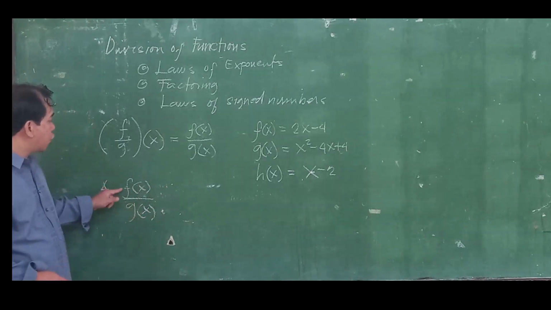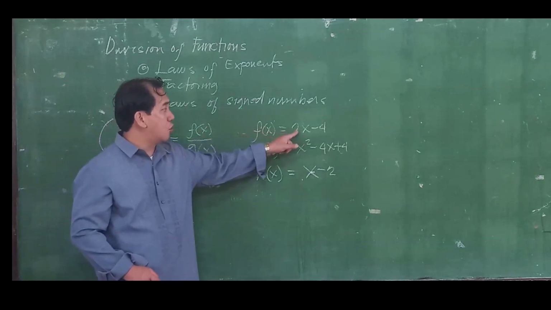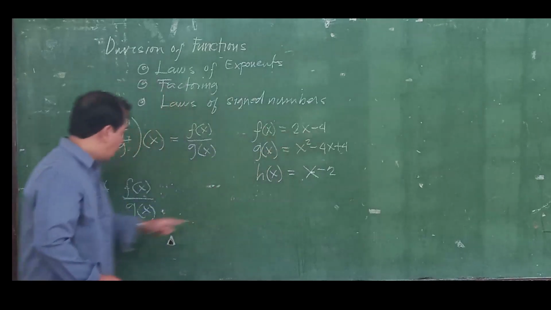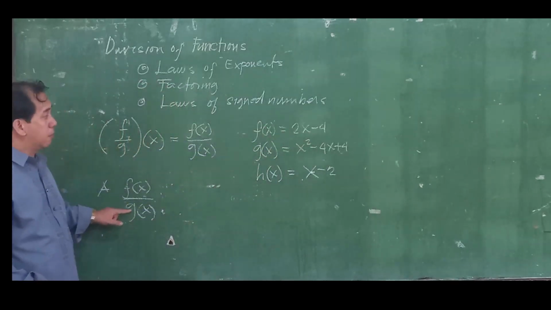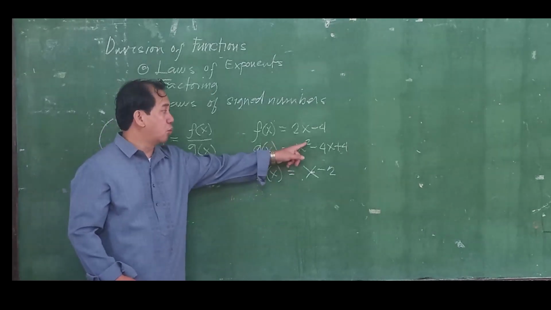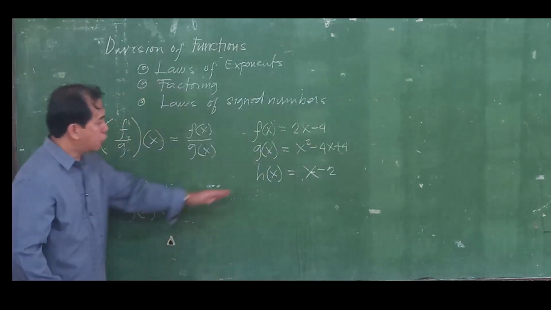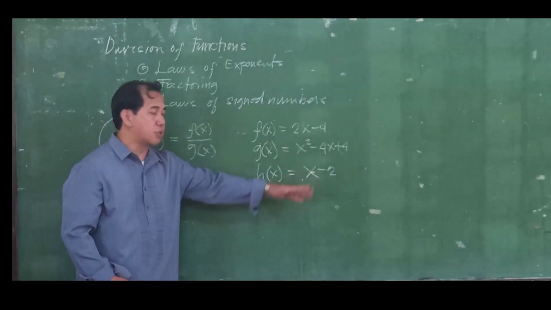So what is the definition of f of x? It says in here, f of x is the same as 2x minus 4. How about g of x? What must be its definition? G of x is equal to x raised to 2 minus 4x plus 4. The same as h of x is equal to x minus 2.